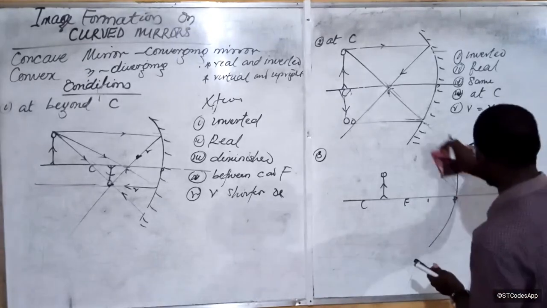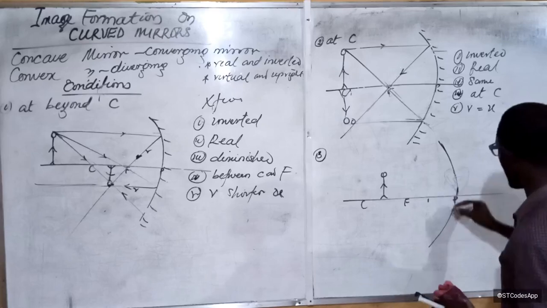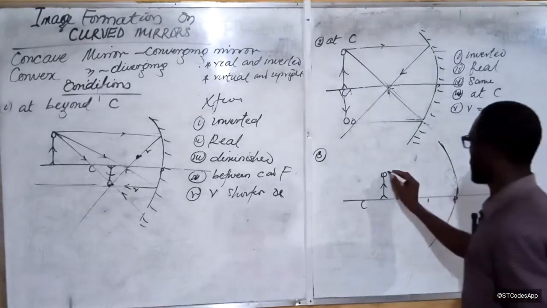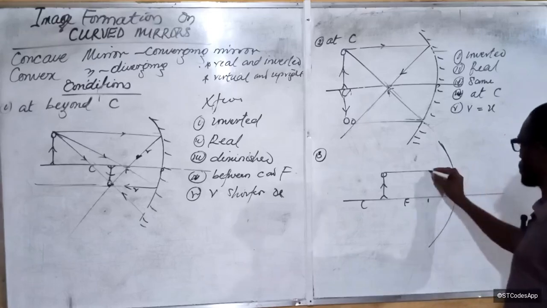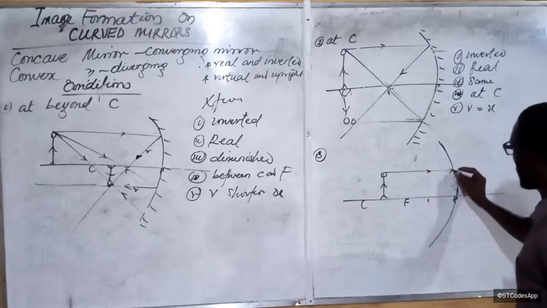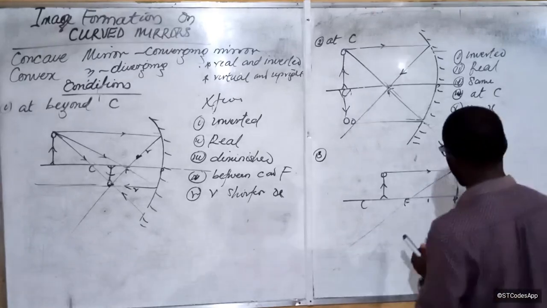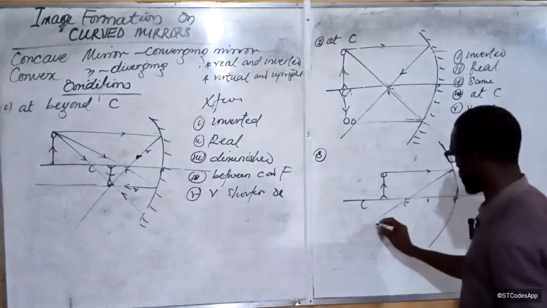So the first rule is to make our ray strike the mirror in a direction that is parallel to the principal axis, and when it is reflected, it should pass through the principal focus, like this.